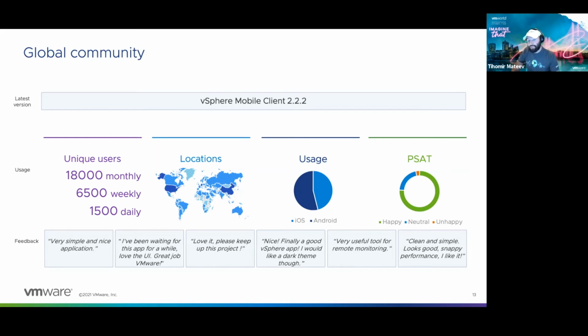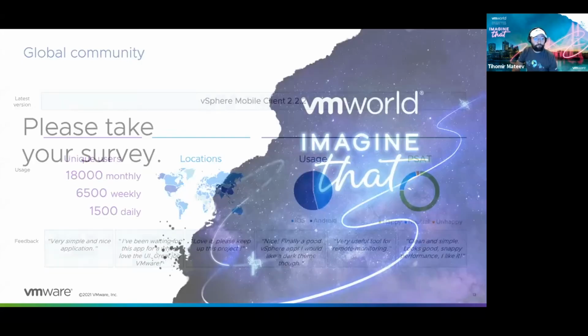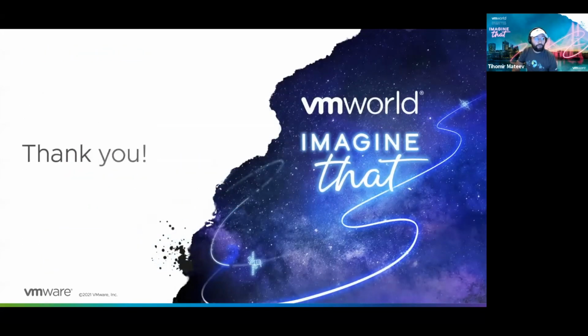And I'm happy to say that I've been receiving a lot of happy messages from our clients. I hope this remains the same. We are doing what we can to make it an application that's usable for you and makes sense. So yeah, thank you, and I think we're open to questions right now.